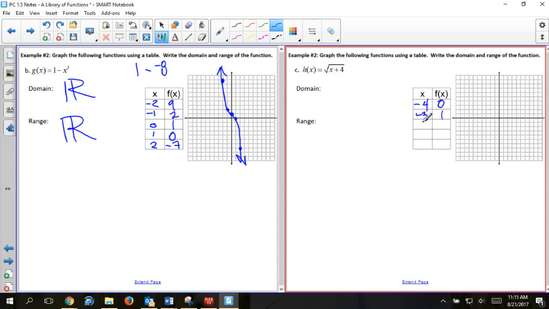Plug in 0. How can I make it square root of 9? Plug in 5. And how can I make it 16? 12, well, that one doesn't fit on my graph, so I'm not going to do it.